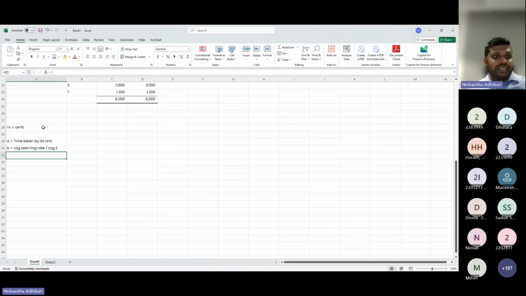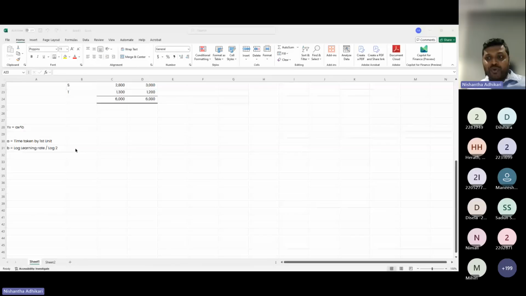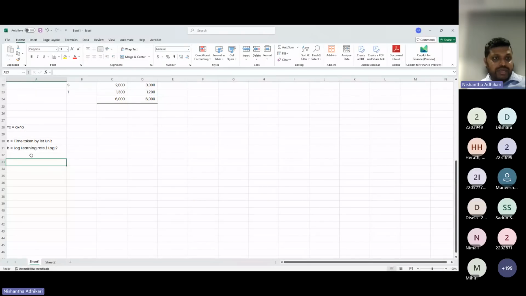Here learning rate is 75%. Based on that, they have mentioned that the value of B is given as minus 0.415.